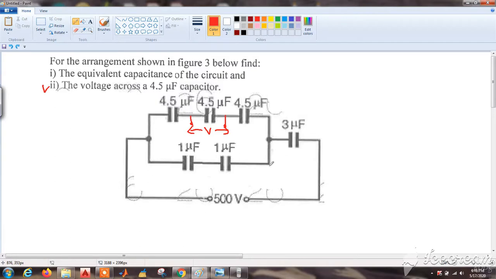For finding this voltage, we have to go back to our equivalent capacitance circuit and from there build this circuit step by step and find our voltage.